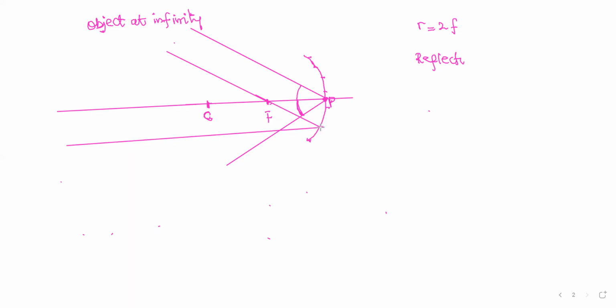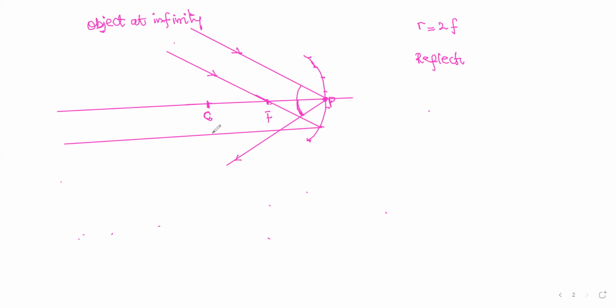So if you take your measurements right, look at the two reflected rays. There's the incident. Look at the reflected. There's the reflected.